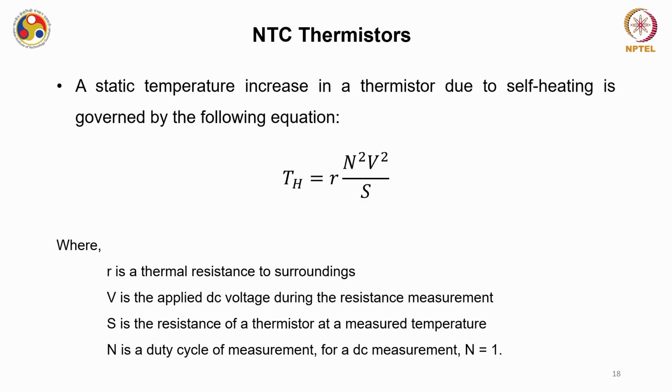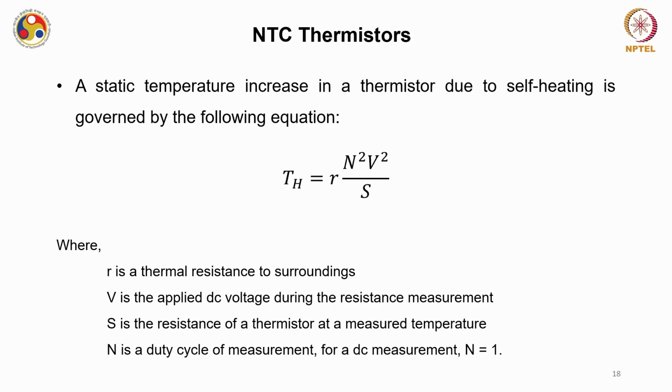So a static temperature increase in a thermistor due to self-heating is governed by this particular equation. TH is equal to r into N square V square by S, where r is the thermal resistance to the surroundings for this thermistor, V is the applied DC voltage during the resistance measurement, and S is the resistance of the thermistor at a measured temperature.